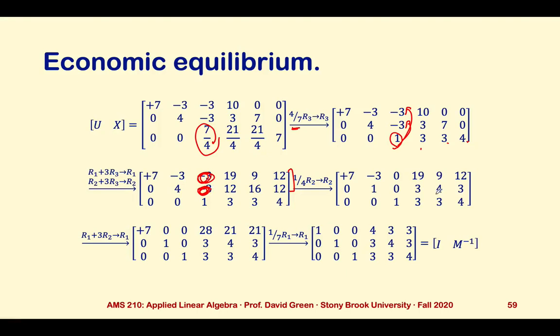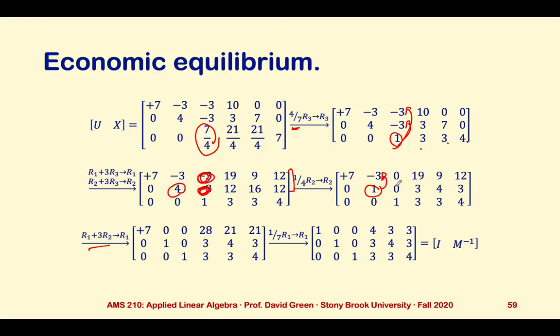We then move to our next pivot, up a row, over a column. Start by scaling, multiply this row by 1/4, gives us 1, 0, 3, 4, and 3. And once we do this, then we're ready to eliminate upwards. Again, this will be achieved by multiplying row 2 by 3 and adding it to row 1, as outlined here.